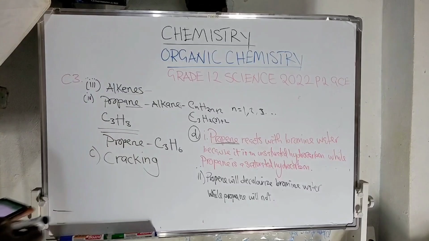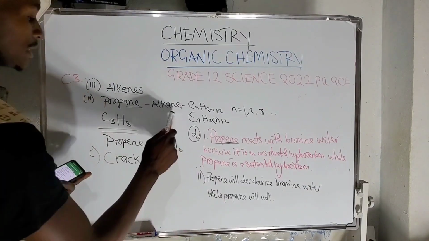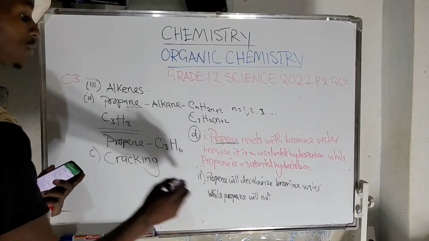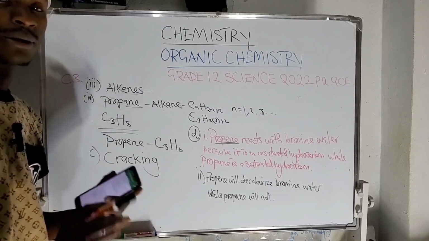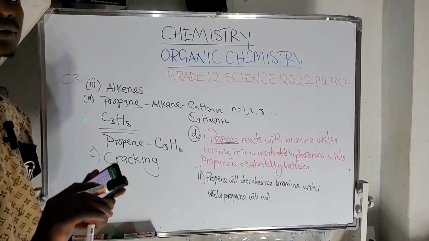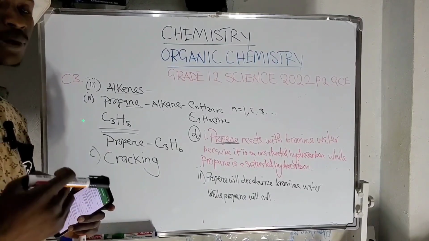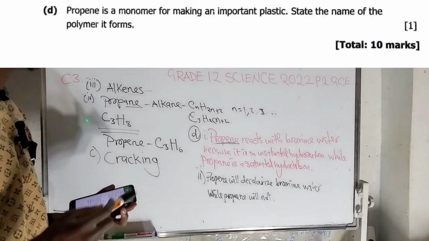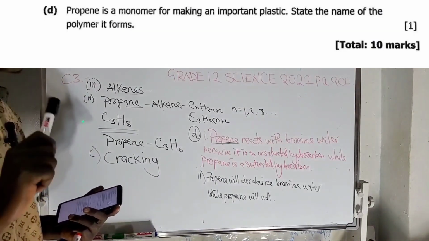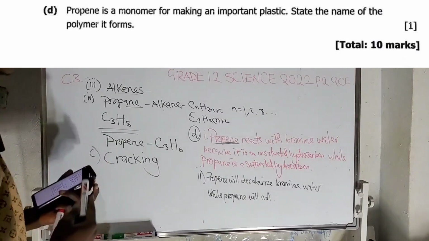When propane or any alkane reacts with bromine water, the color of bromine water will not change, it will just remain brown. But when alkenes are mixed or shaken with bromine water, the color of bromine water, which is brown, changes to colorless, or it is decolorized.